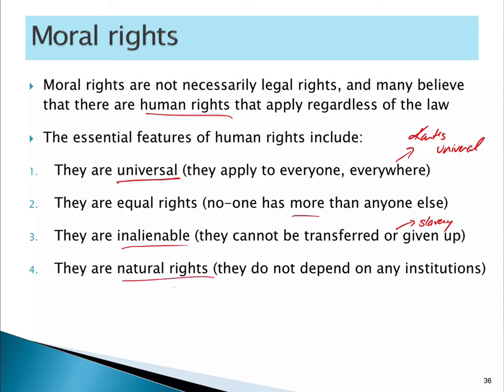They're obvious to a person, as obvious as arithmetic, as obvious as 1 + 1 = 2. We know that people should be treated this way. So if we have a right that applies to everyone, is equally shared by everyone, is inalienable, something they can't sell or transfer or give up, and is obvious, then we'd say that would be a human right.